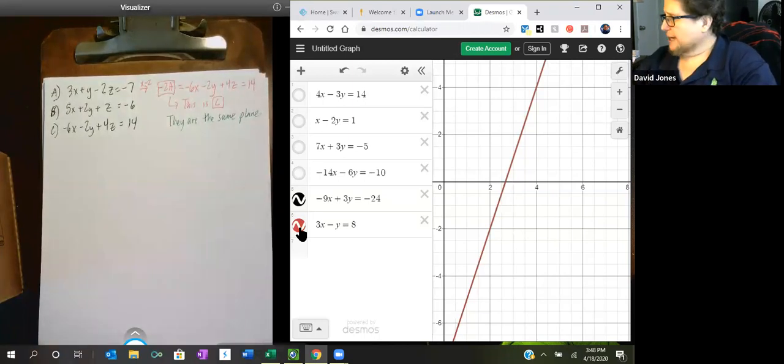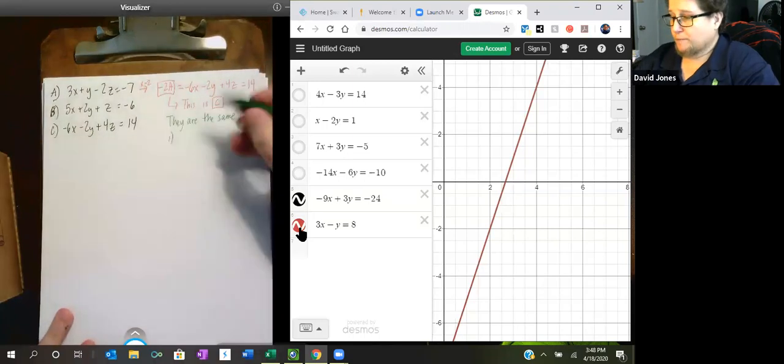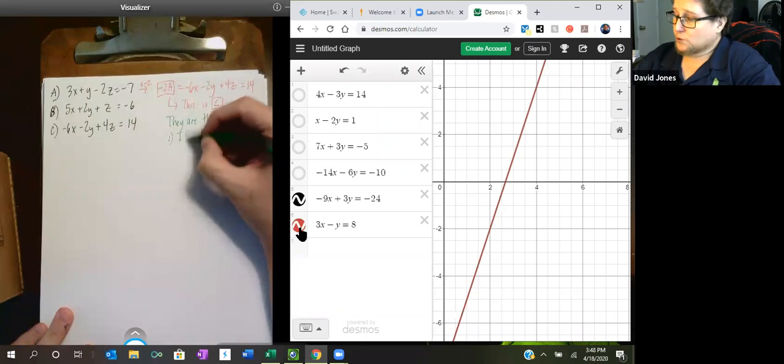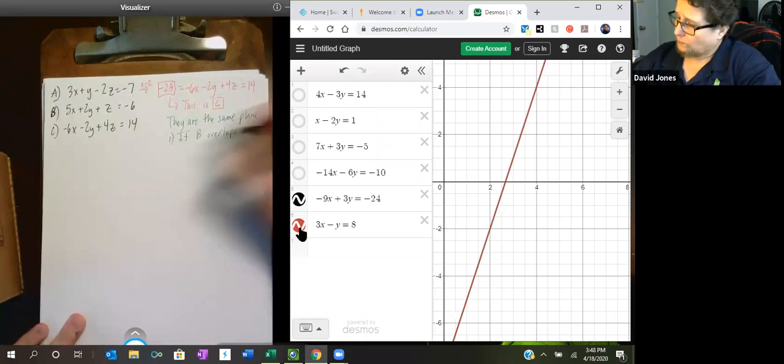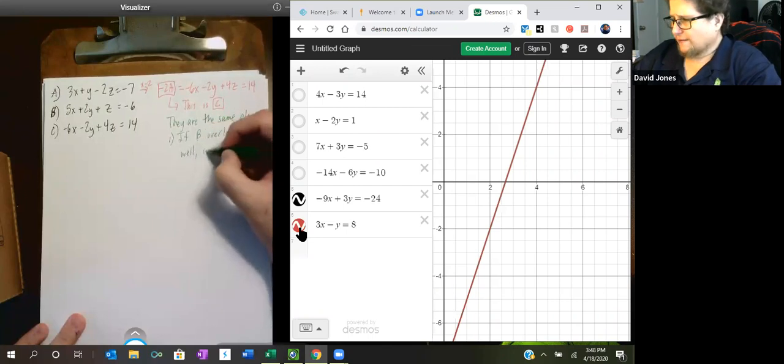The only options we have here: if B overlaps them as well, they are all the same plane. We have infinite solutions on the plane.